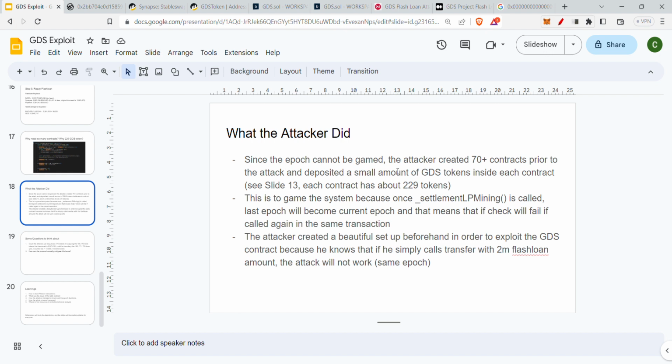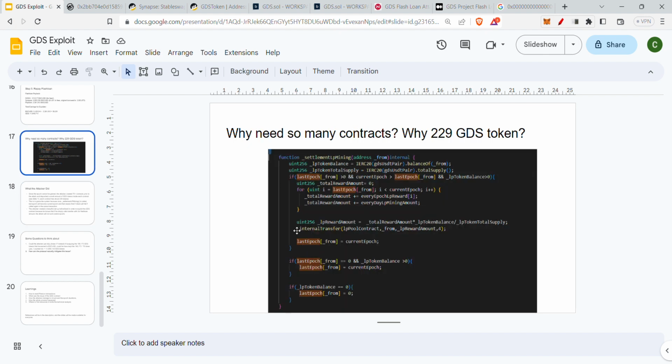Since the epoch cannot be gamed, the attacker created 70 plus contracts prior to the attack and deposited a small amount of GDS tokens inside each contract. This is to game the system, because once settlement LP mining is called, last epoch will become current epoch. Last epoch over here, after internal transfer is called, will become current epoch. So if you call this settlement mining again, this will fail.